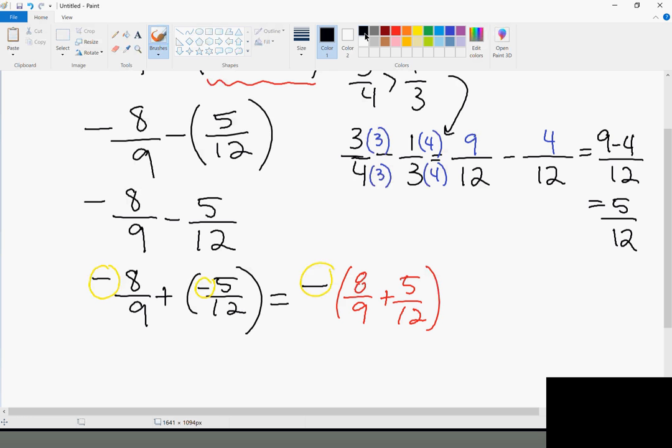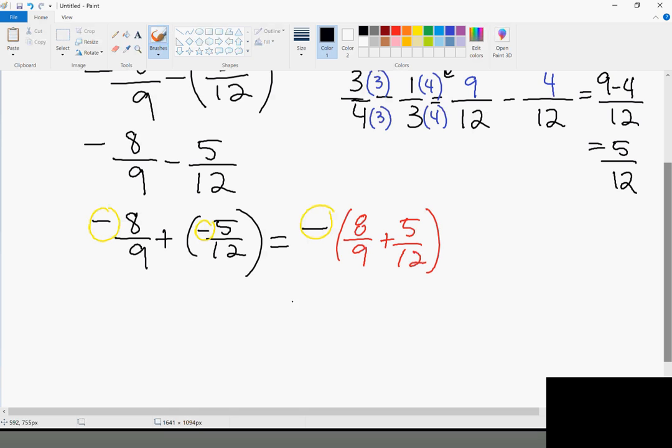Okay, so lucky for us, we already figured out the common denominator for 9 and 12. That was 36. And I'm circling that negative just to remind you where it came from.